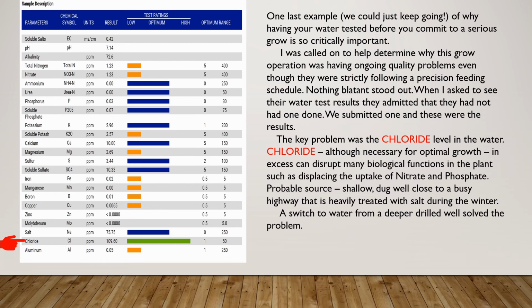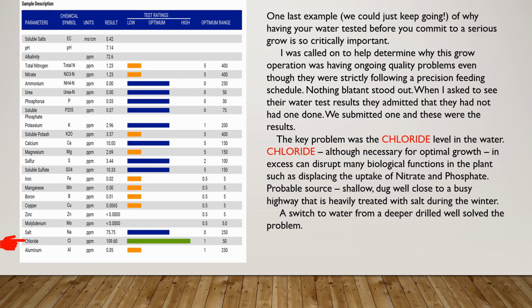Chloride is another one of those minerals that is not used heavily by a plant, but necessary. But plants are also very sensitive to it being present in excessive levels.